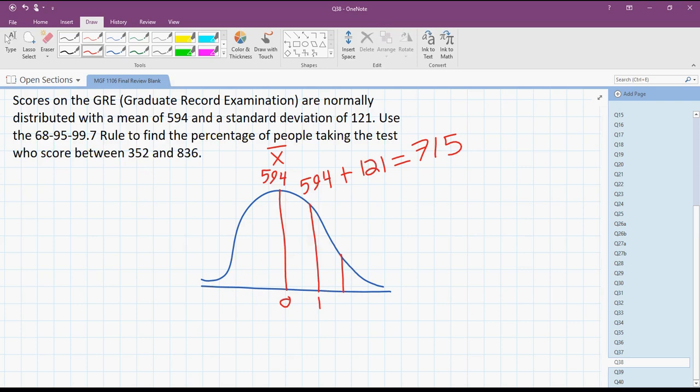How far am I away from the mean now? 2. So we're going to take the mean of 594 and add what to it? 2 deviations. 2 times 121.